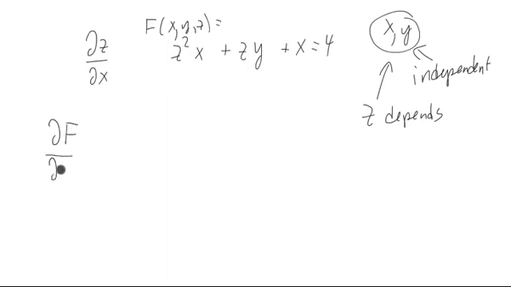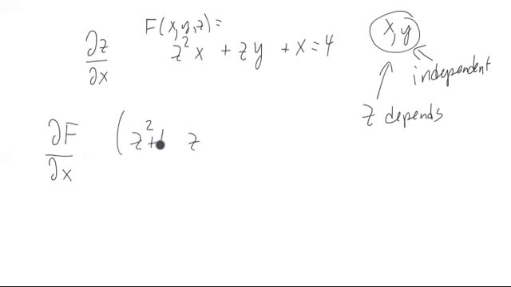So if we were to compute partial f, partial x, we want to do so in a particular way. First we're going to use the chain rule here. We take the derivative of f first with inputs x, y, z, so we're going to have 3 different columns. For x we get z squared plus 1.